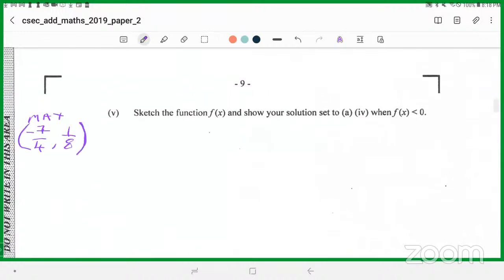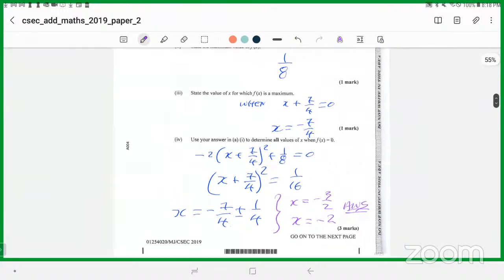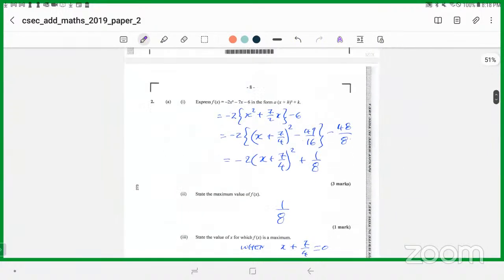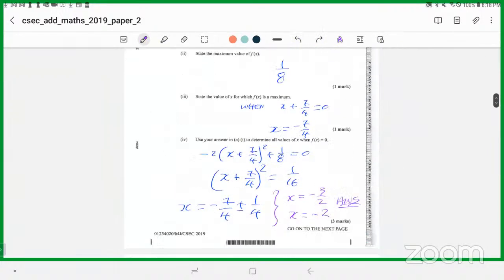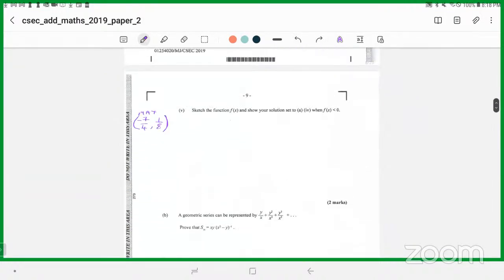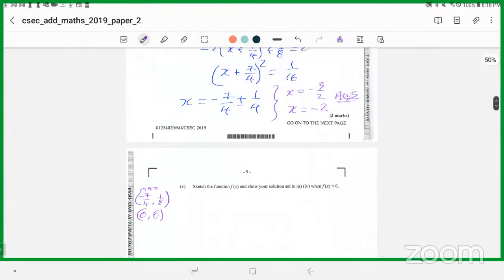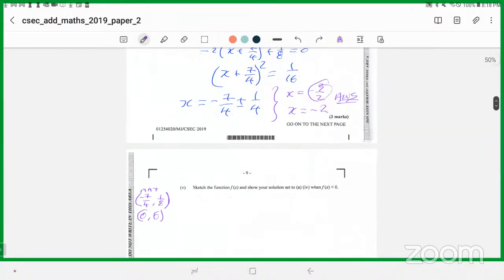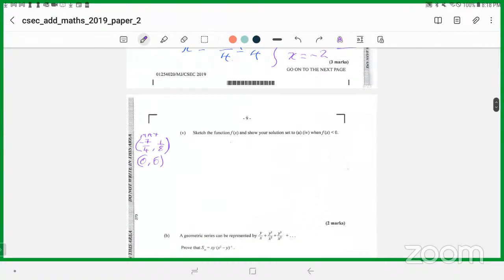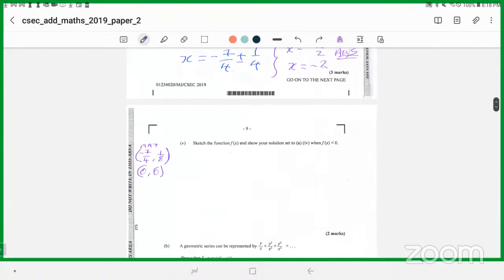And the y-axis intercept, based on the function, the constant was negative 6, so it passes through 0, negative 6. And then these are the two roots, and so we can leave them there.